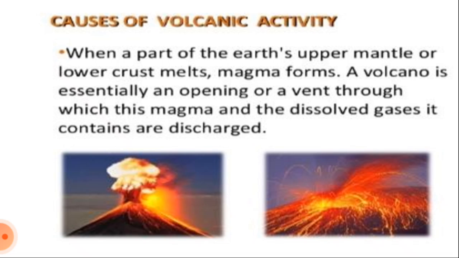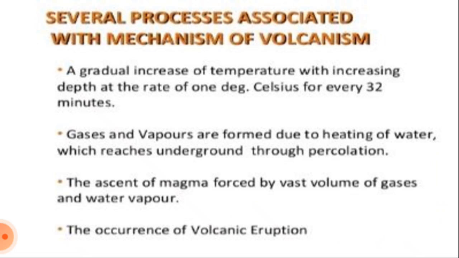Now let us know what are the causes of volcanic activity. So these are the two pictures of volcano. When a part of Earth's upper mantle or a lower crust melts, magma forms. A volcano is essentially an opening or a vent through which this magma and the dissolved gas it contains are discharged. There are several processes associated with the mechanism of volcanism.